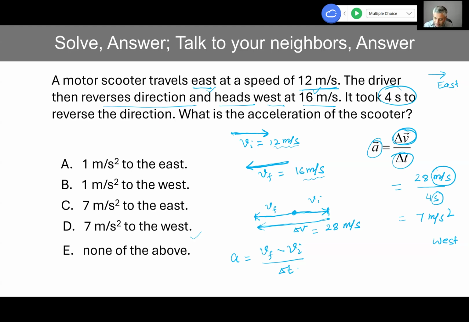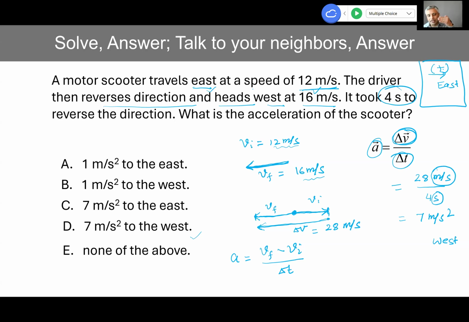Exactly. Great. So what we have to do is, when we don't have this arrow, we need to modify how we write VI. So in this case, first we need to assume a positive. Which one do we like to choose as positive? Let's say east is positive. So in this drawing on the top, now I'm adding a positive sign there.